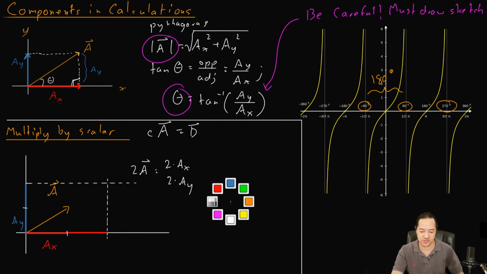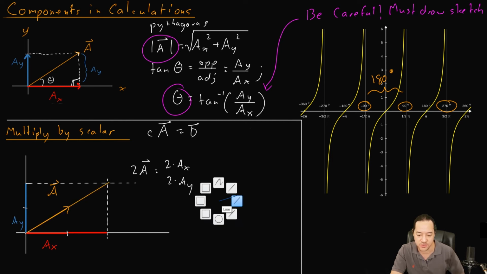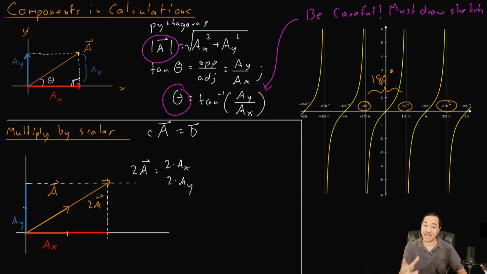Something like this. So now if I draw my vector 2a, it should look something like this. So this is my vector 2a, and we can see that that lines up. So by doubling the components, we're actually doubling the length of vector a.